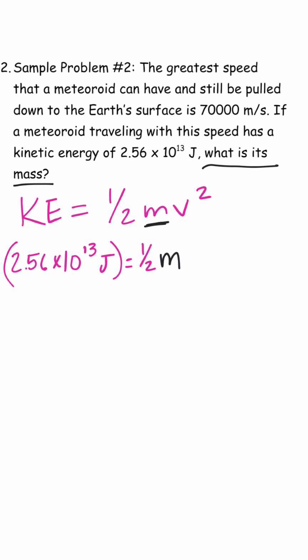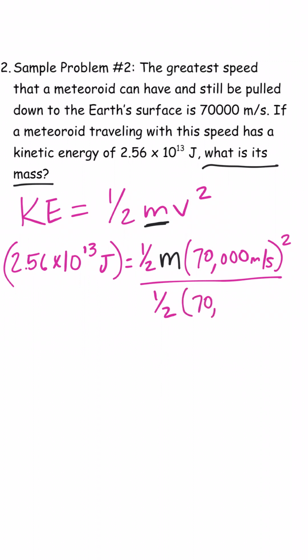We need to keep it right there for now till we can isolate it. And then we're going to multiply this by 70,000 meters per second, and we're going to square it. All right, so I need to get the m by itself, so I'm going to go ahead and divide both sides by 1/2 times 70,000 meters per second squared.